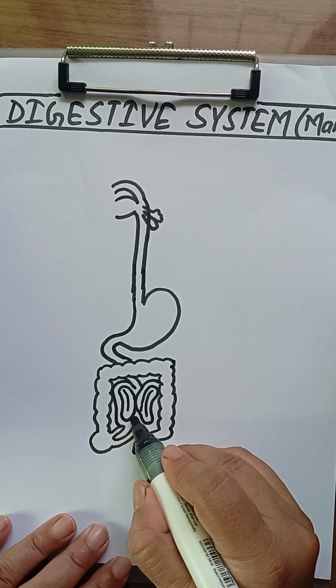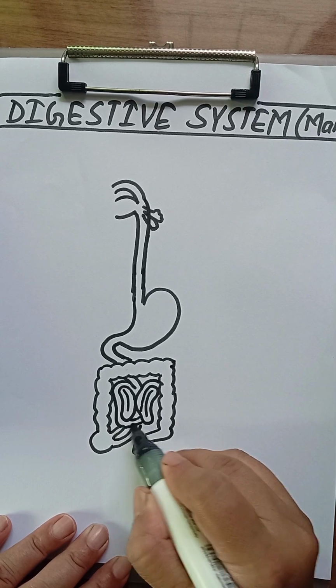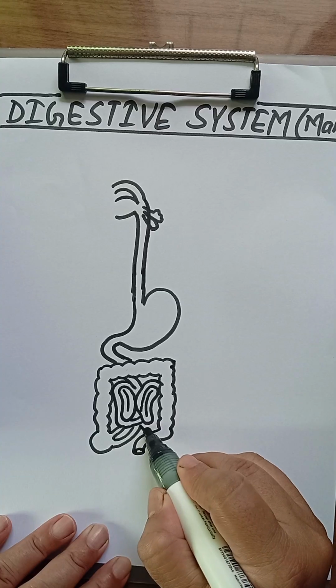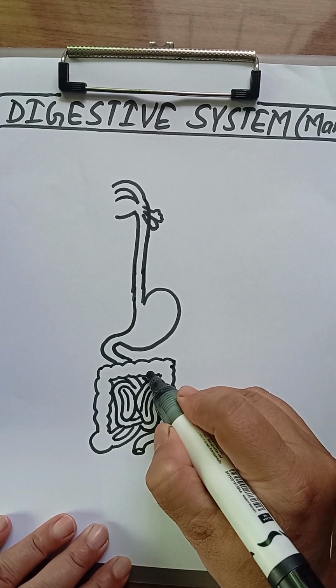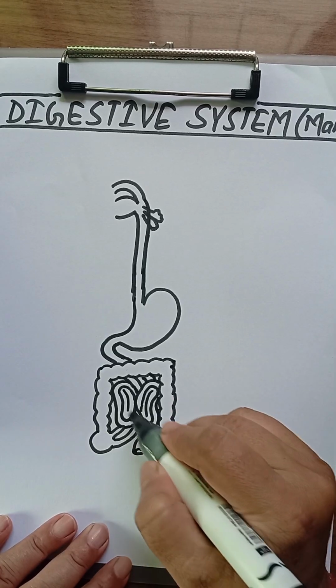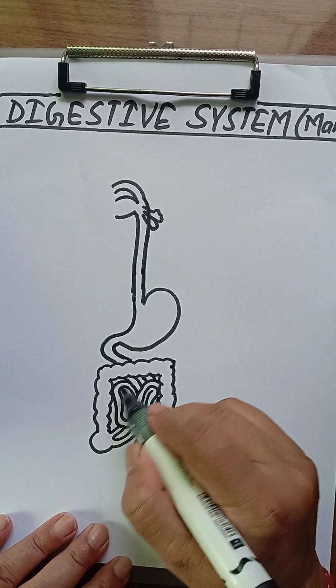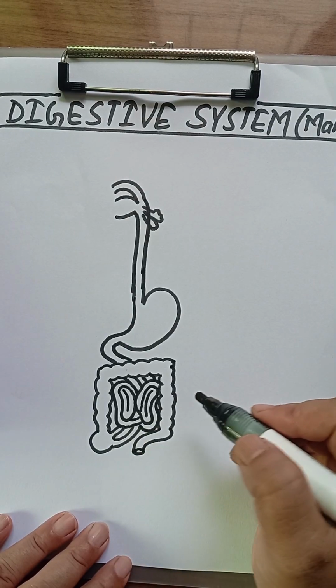If you find some empty space, then you just draw the same tubular line so that you can see the foldings of the small intestine inside this cavity.